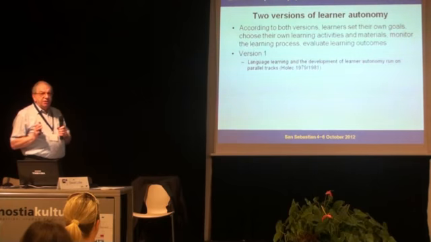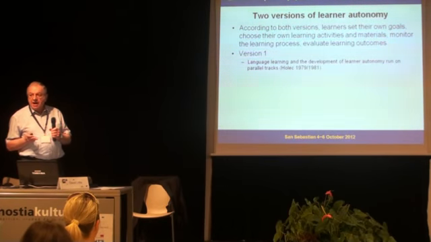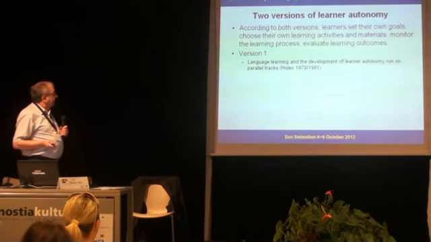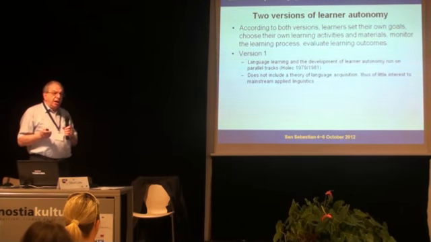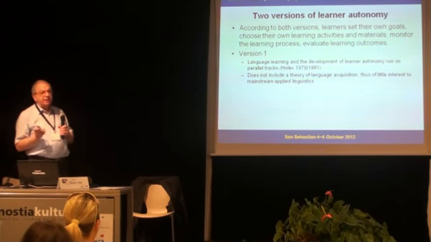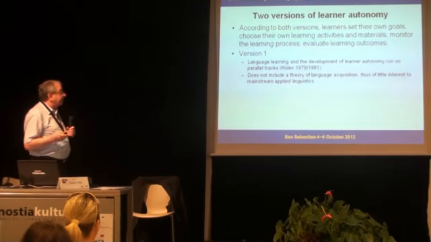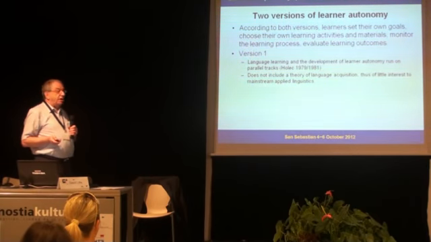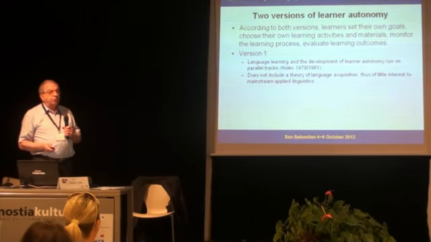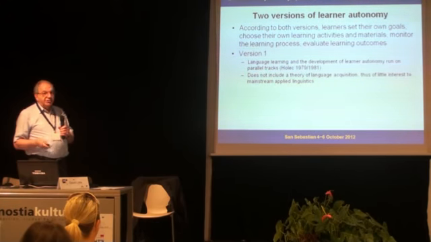And it is the version of learner autonomy that has encouraged research into autonomy independently of developing proficiency in the target language. Because it sees autonomy and language learning as running on parallel tracks, this notion of learner autonomy doesn't include a theory of language acquisition, and that helps to explain why it has always been of no interest to applied linguistics.